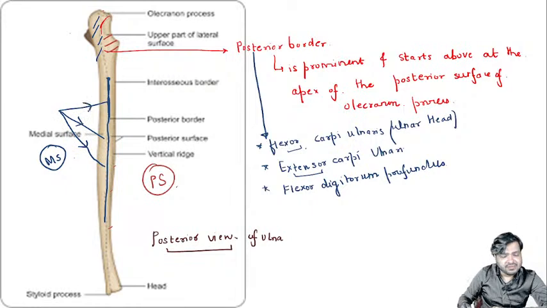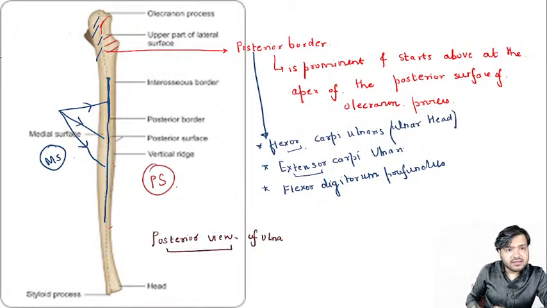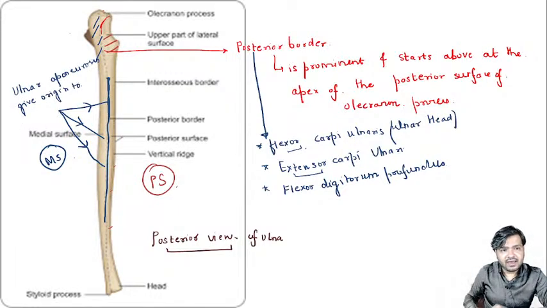Just tell me the answers in the chat box. And remember, write down the origin over here only: that ulnar aponeurosis basically gives origin to three particular muscles, and the names you have already written: flexor carpi ulnaris, extensor carpi ulnaris, and flexor digitorum profundus.